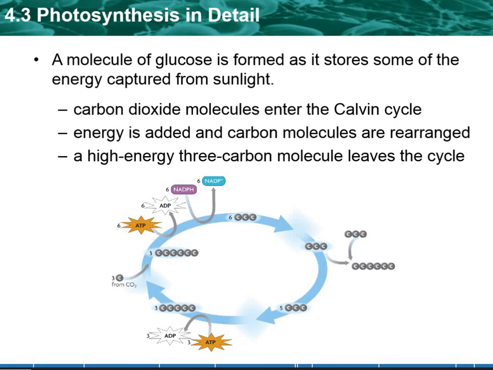So as it goes, if you're looking down at the bottom, you've got this molecule in stage 1 that's going to start, and you're going to have it come in. It's going to keep going around.